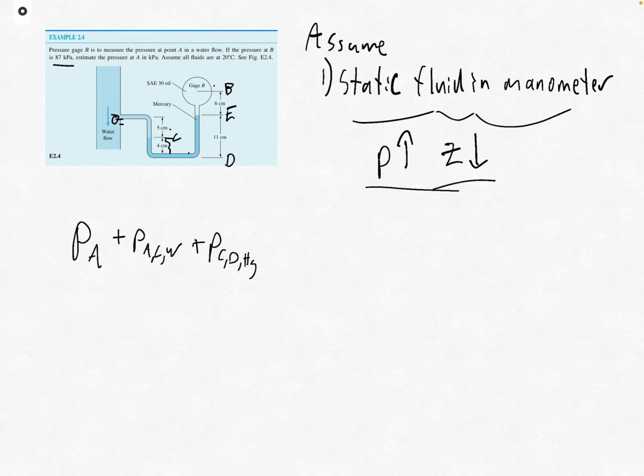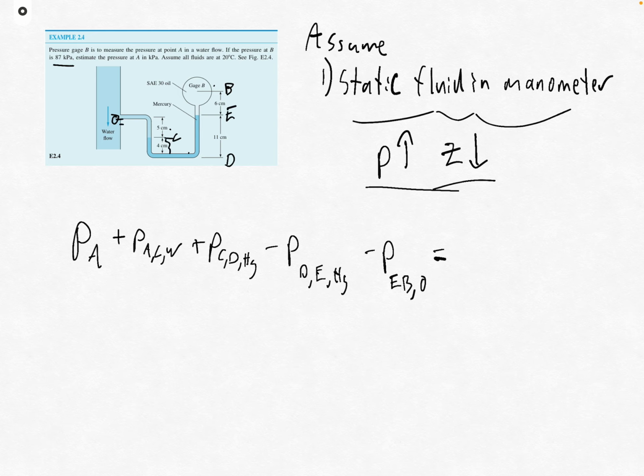Now we're going to move from point D to E, so we're moving up within the fluid, so the pressure is going to go down. It's going to be minus the pressure that we get from D to E, also in mercury. And then again we have a loss of pressure as we move from E to B, so minus the pressure loss from E to B within oil.